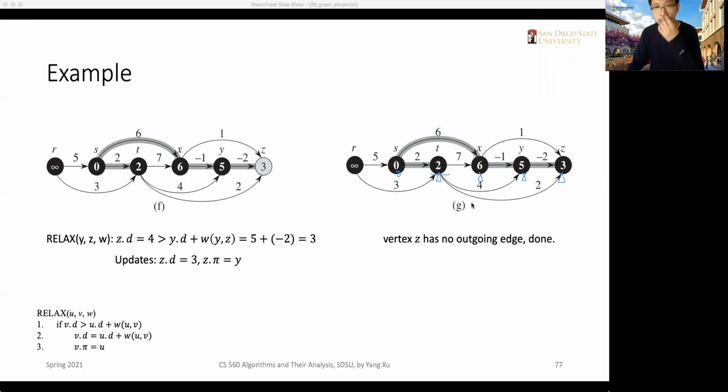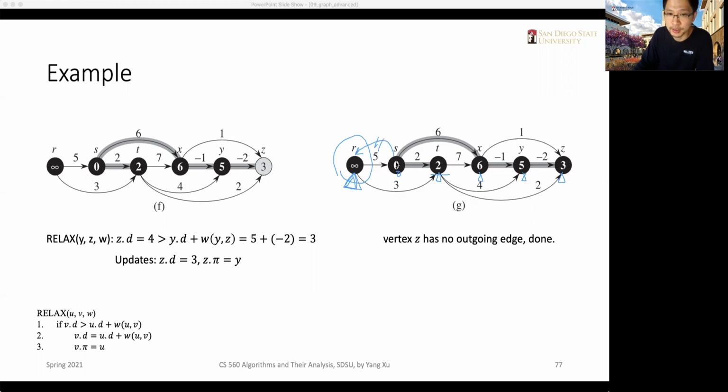There's one special vertex, which is R. It's assigned infinity. That is because R is not reachable from S. Since the graph is directional, the edge from R to S does not necessarily mean that you can go from S to R. Those are 2 different edges.